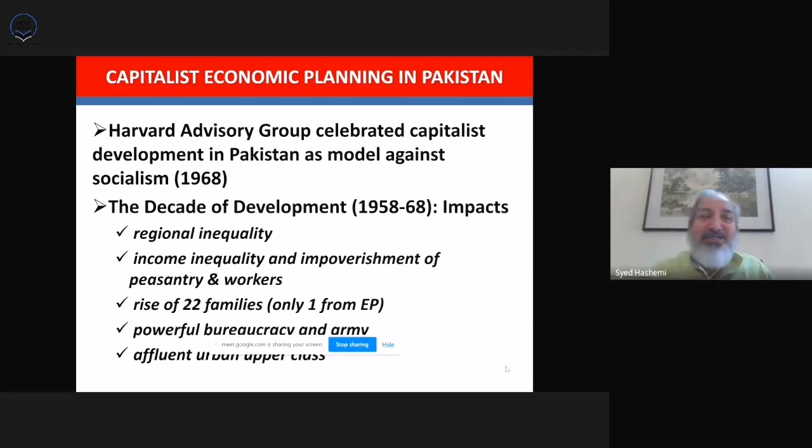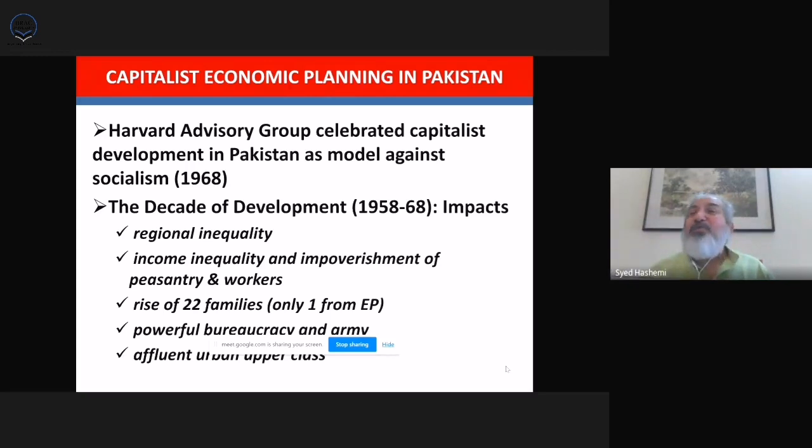And they said, this is excellent. We are having high growth. And Pakistan has proven once again how we can have a capitalist development model that is a response to what the socialists are saying. However, what we found out is that what it did was promote regional inequality, and we went through that.